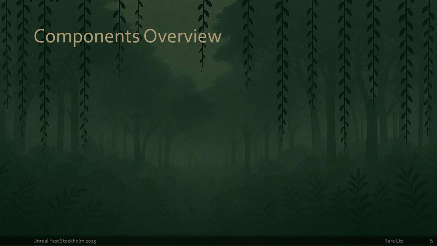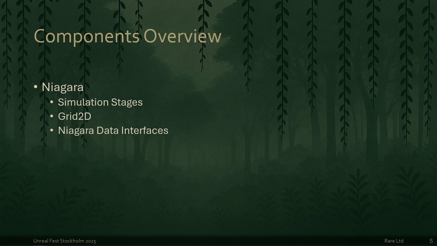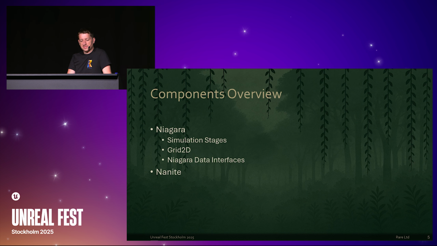The system is built using a variety of native Unreal features. We use Niagara to run compute shaders with simulation stages on a Grid2D collection, and use both built-in and some custom Niagara data interfaces. Then we use Nanite meshes and efficiently deform them using a joint-based animation technique.